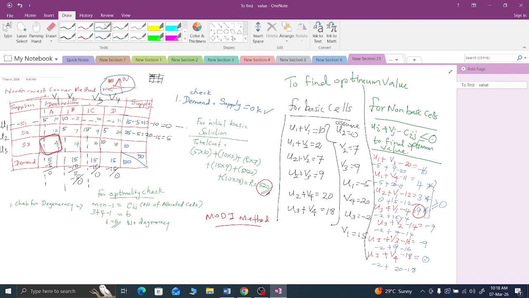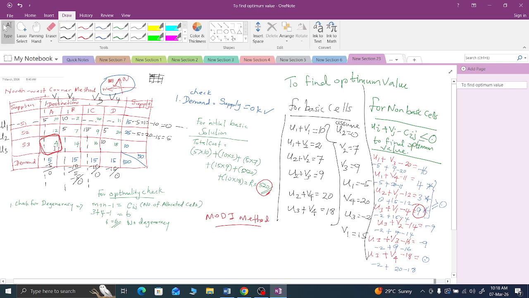Selecting this one, this is the column, this is the cell, the maximum cell. This u3v1 cell has the maximum positive value, 9. So that cell I selected now. What we have to do is find a loop.